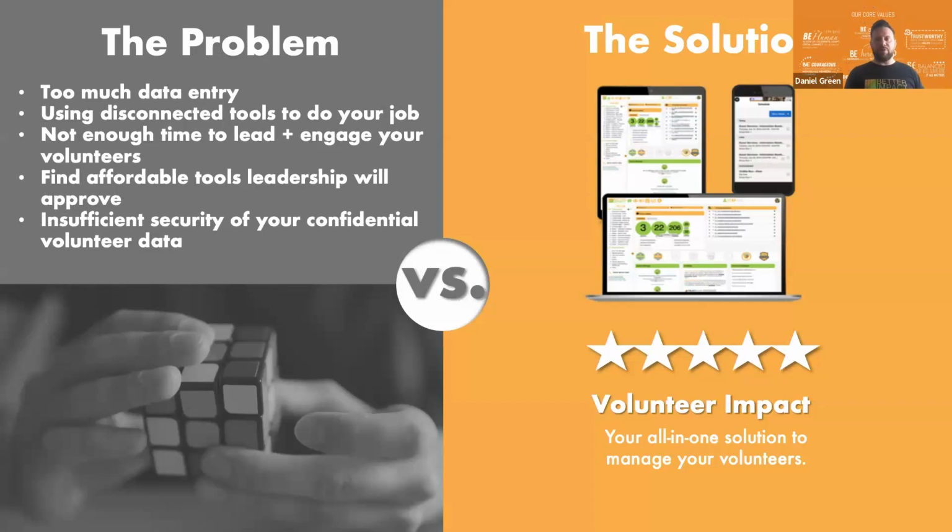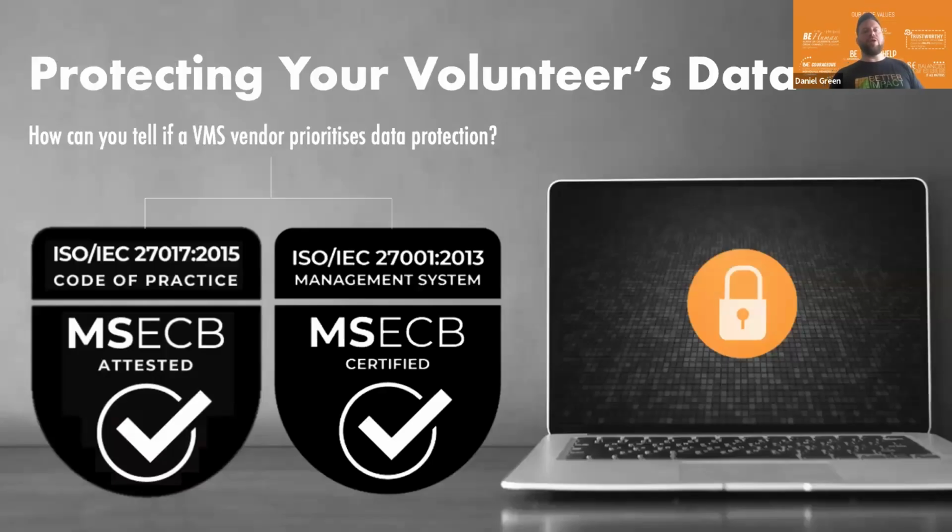Well, hopefully for most of you, Better Impact has the solution. Talking about cybersecurity and protecting your volunteers' data, how can you tell if a VMS vendor prioritizes data protection? One easy way is to look for the ISO certification. ISO 27001 is the world's best known standard for information security management systems.